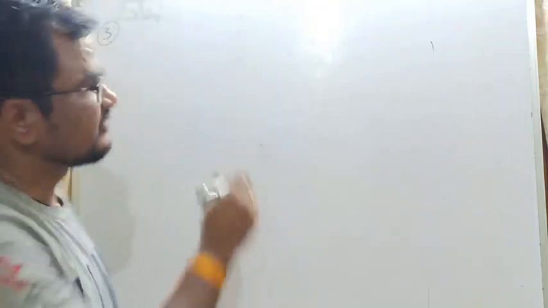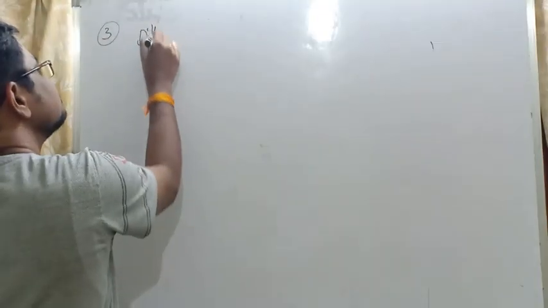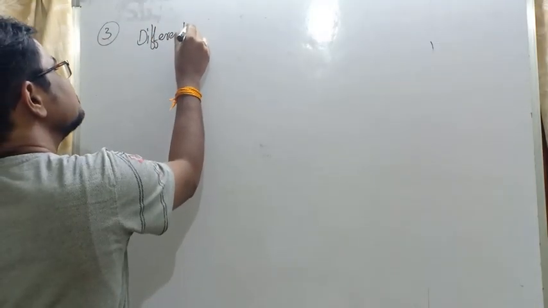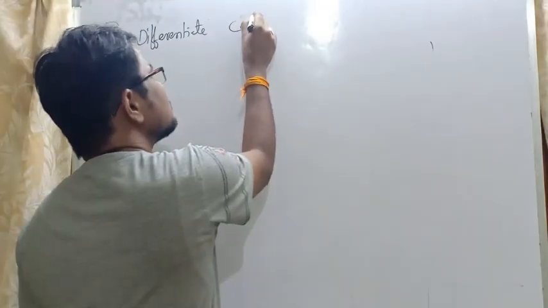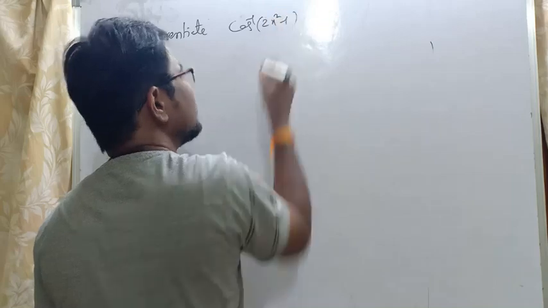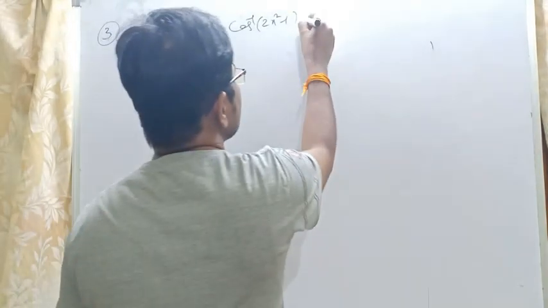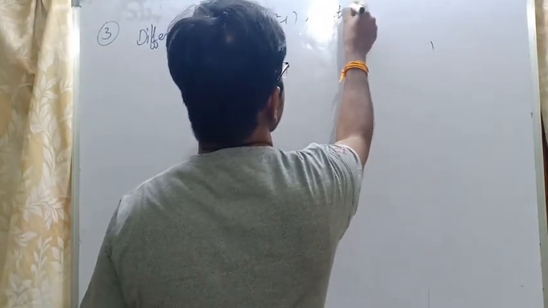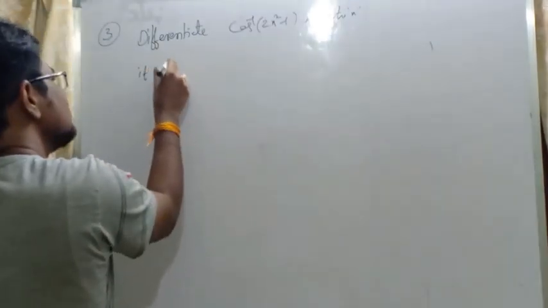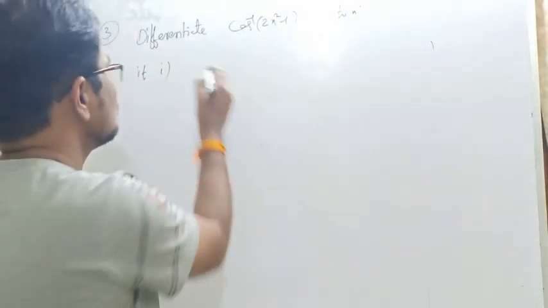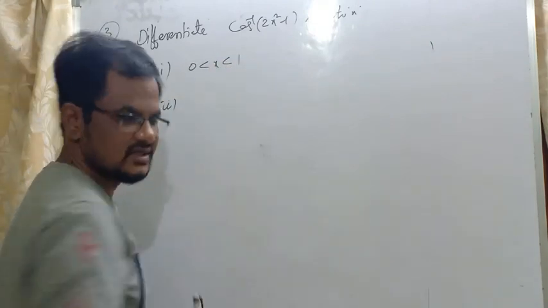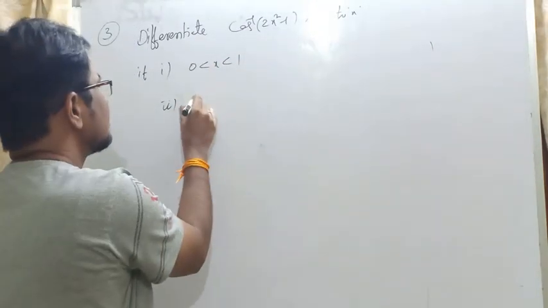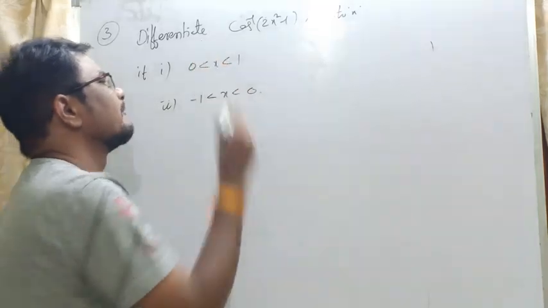Here, differentiate cos inverse of 2x square minus 1 with respect to x, if the first condition is 0 less than x less than 1 and the second condition is minus 1 less than x less than 0.